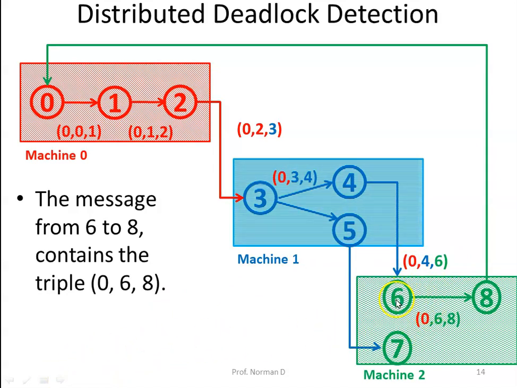The same message is being sent to 8 because 6 is waiting for resources which are held by process 8. So in this case the first parameter remains the same. The process that is sending the message is 6, and the process to whom it is being sent is 8 in this case. And 8 is waiting for some resources which are held by process 0 on machine 0.